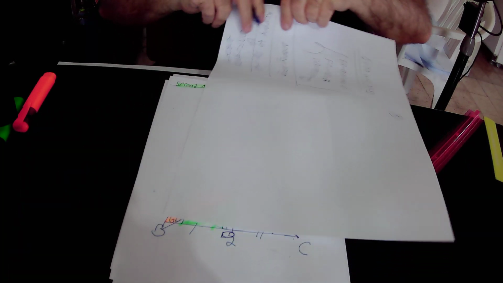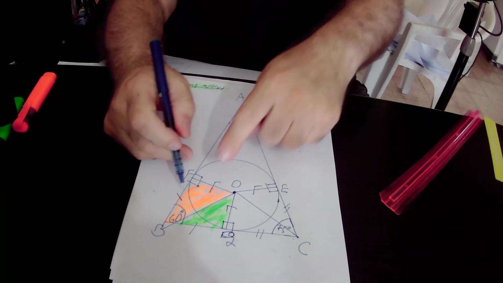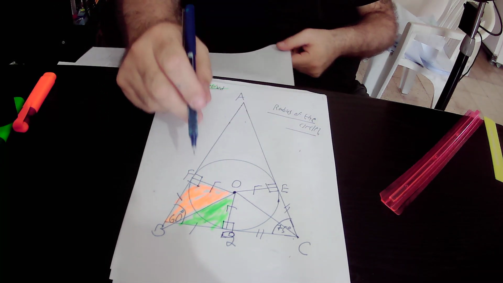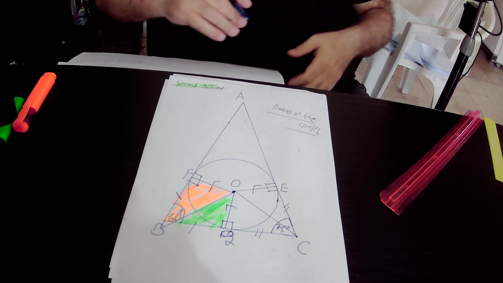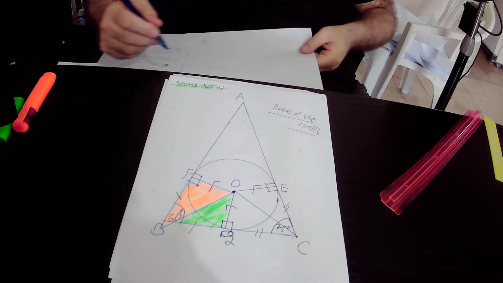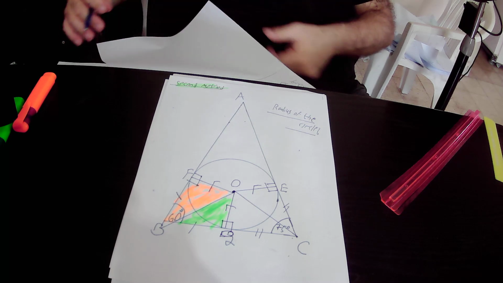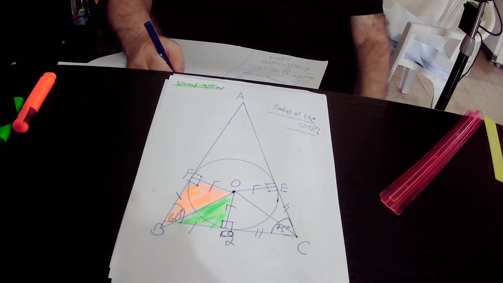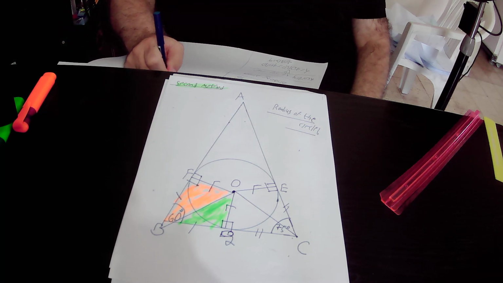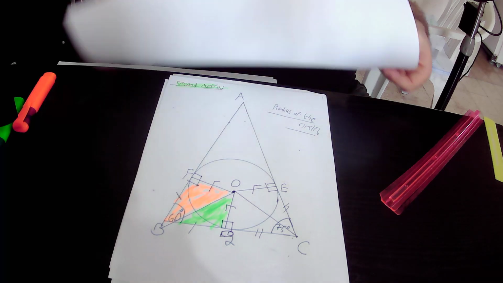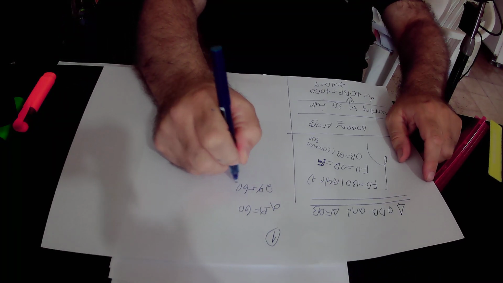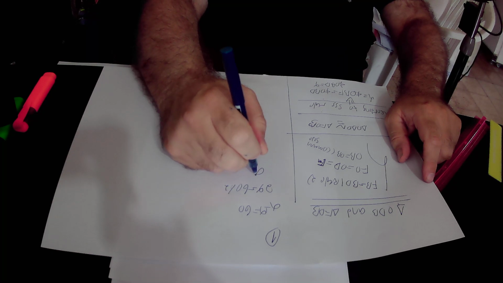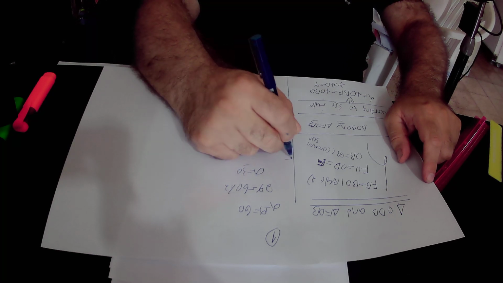Therefore, we found out that both those two angles are equal to alpha. And the sum of those two angles is alpha plus alpha, and that must be equal to 60 degrees according to what is given. We can write down that alpha plus alpha equals 60 degrees. Alpha plus alpha is 2 alpha, that must be equal to 60 degrees. We divide this equation by 2, and we get that alpha equals 30 degrees.